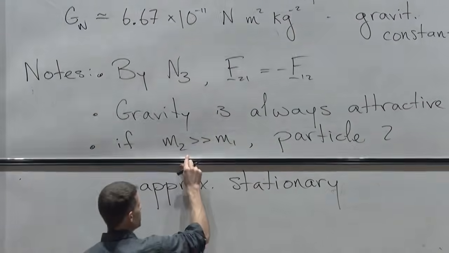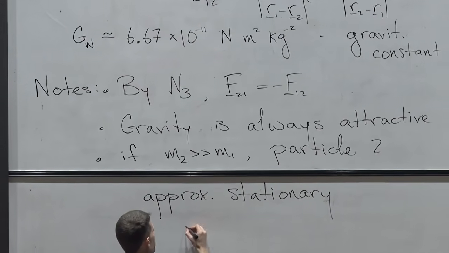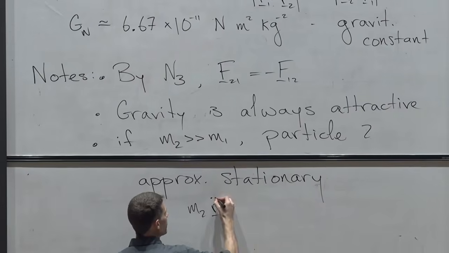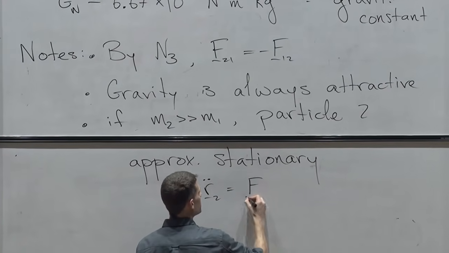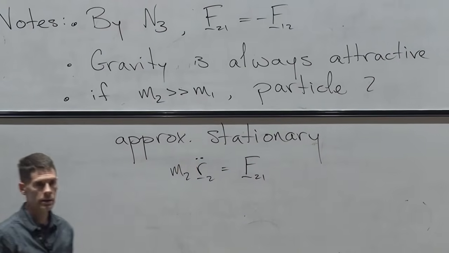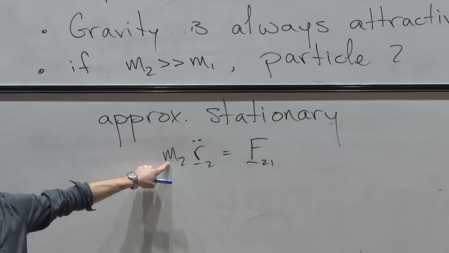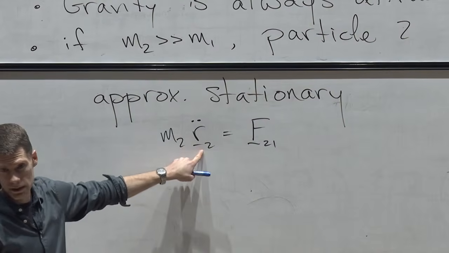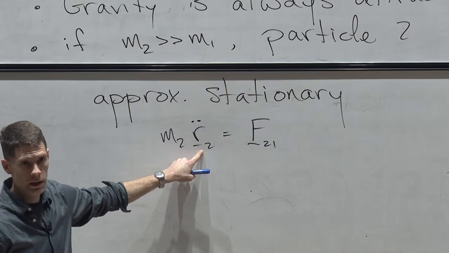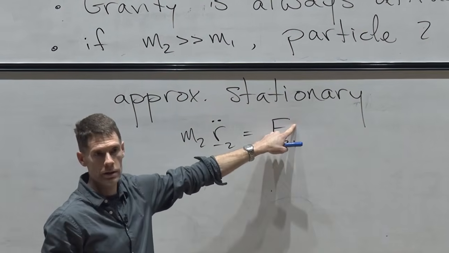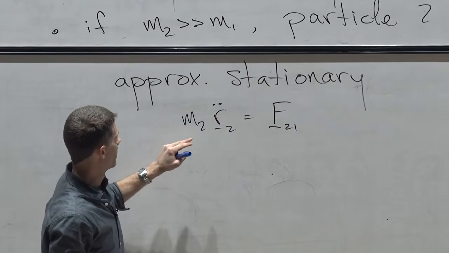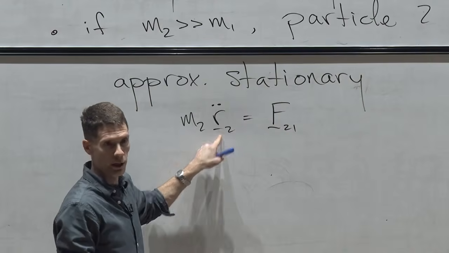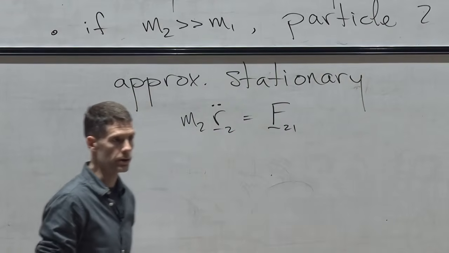But the key is that if you think about Newton's second law on particle 2, that says m2 r2 double dot equals F21. Because there's m2 over here, it cancels out the m2 in the force, which means that the acceleration of particle 2 is only seeing m1 over here. Whereas if I cancel out the m1s and m2 is very big, the acceleration of particle 1 is much higher than the acceleration of particle 2.